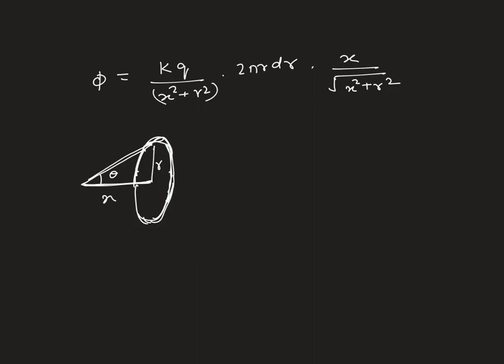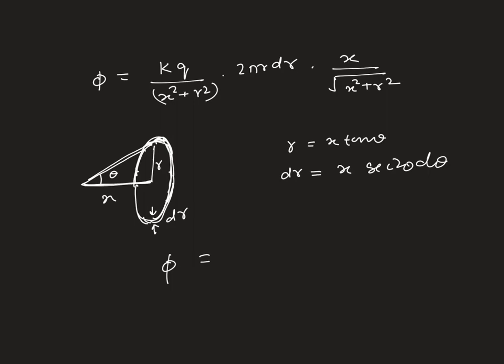So we had r equals x tan theta, and dr would become equal to, what is dr? Let me show you. This small width is obviously dr. So dr would become equal to x sec squared theta d theta, and then we are going to substitute the entire thing in the flux.